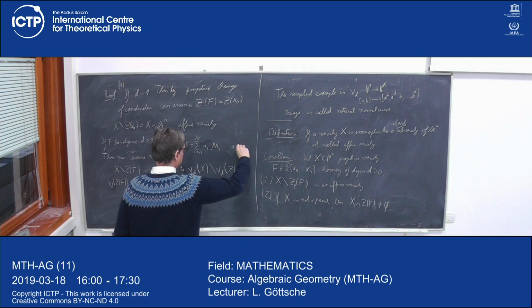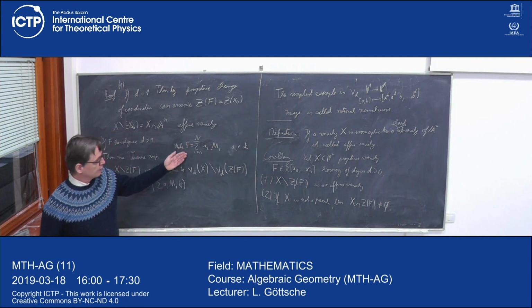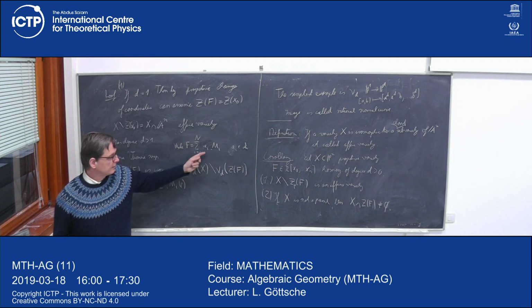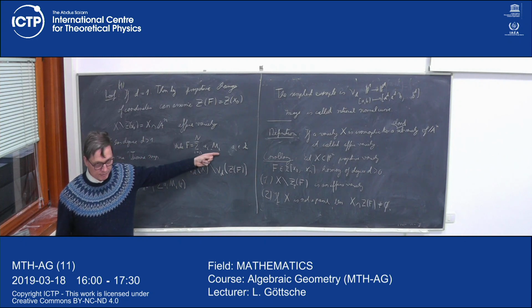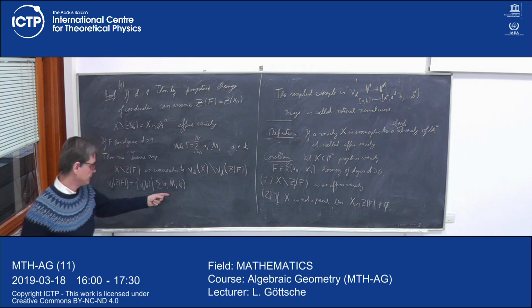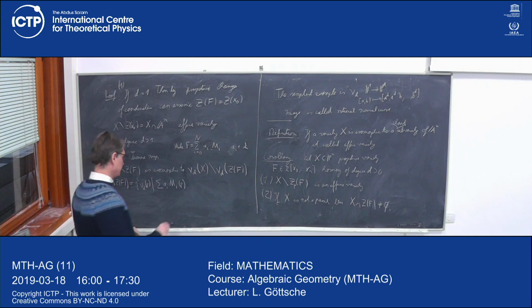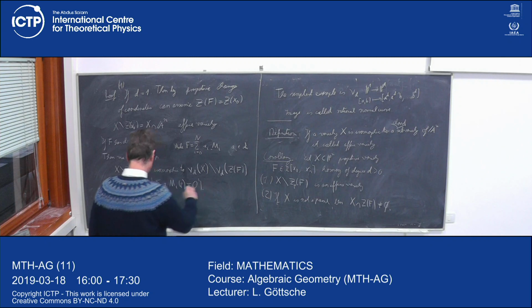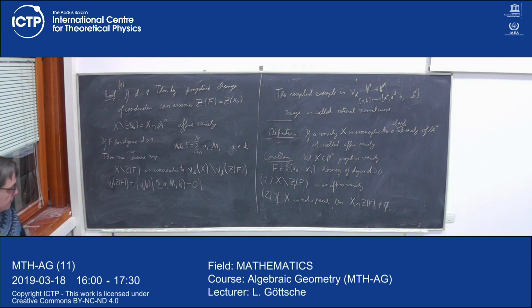Where the a_i are some elements in k. So an arbitrary polynomial of degree d can be written as a linear combination of these monomials. And so we just apply this to p. This is equal to 0.